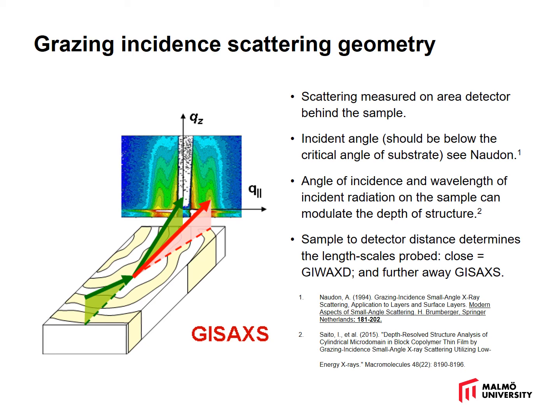We have a beam of X-rays or neutrons which interact at a very low angle with the sample, and at the back we can measure the number of X-rays or neutrons on a position sensitive detector. The incident angle, the angle between the substrate and the oncoming beam, is important, and it should be below the critical angle of the substrate.